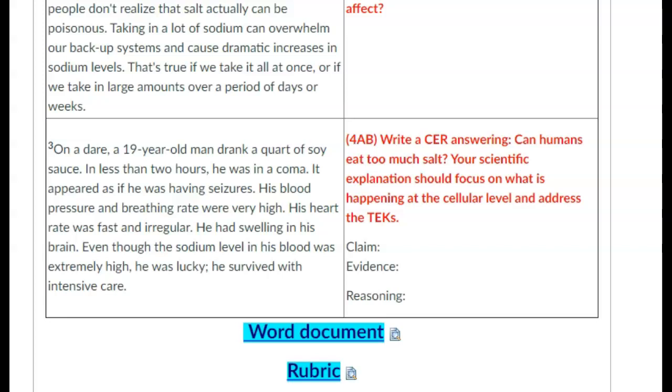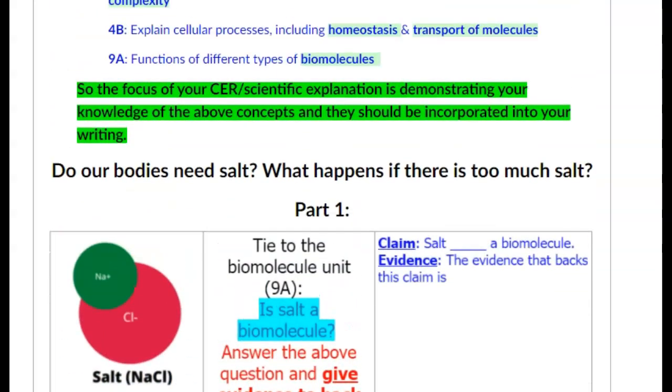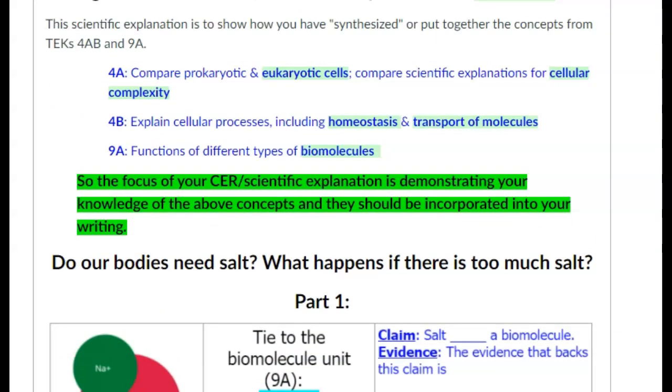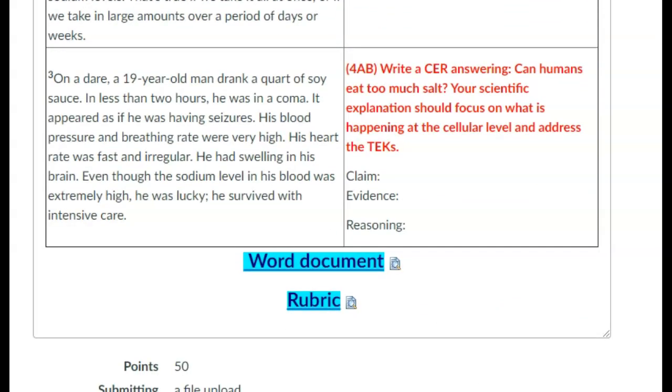The focus of your CER is the body's response to too much salt and maintaining homeostasis. So make sure that you address the concepts from 4A and especially 4B. The Word document is there, and I also have a rubric, so use the rubric to guide your writing in your CER. Hope this helps, and hope you at home are staying safe and healthy.